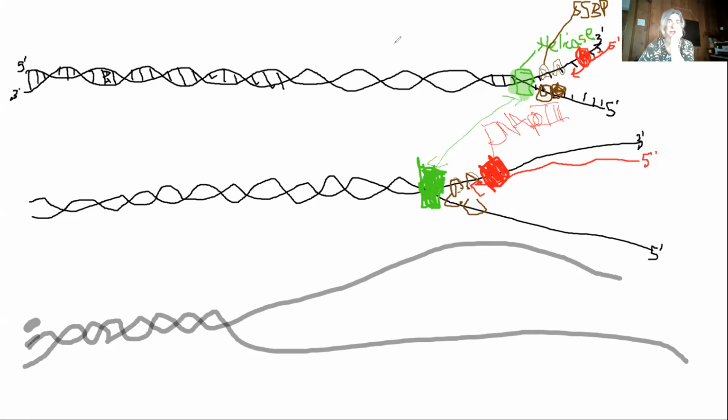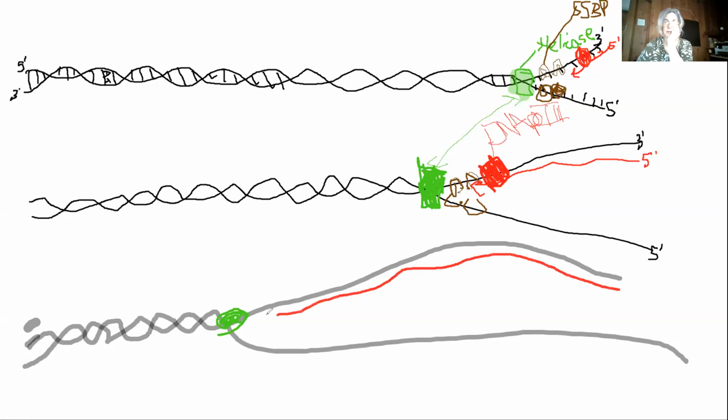And the enzymes keep sliding. So in this picture, helicase is here, still at the replication fork, right? That's still where helicase is. And DNA polymerase now would have finished all of this.